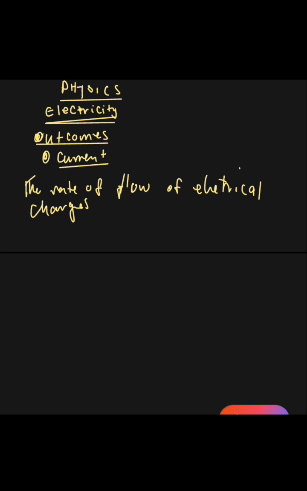Examples of conductors are copper. So in a copper wire, we are going to have electrons that will facilitate the flow of current.